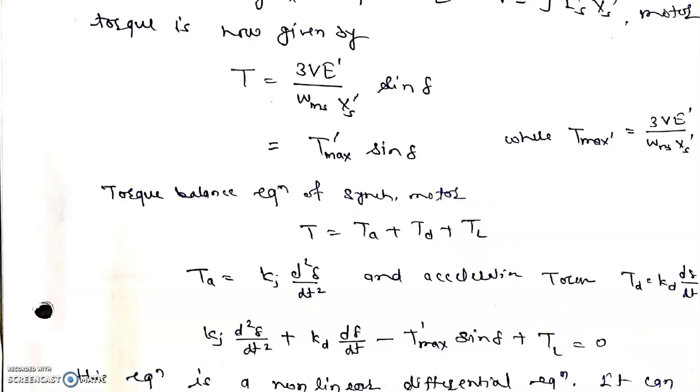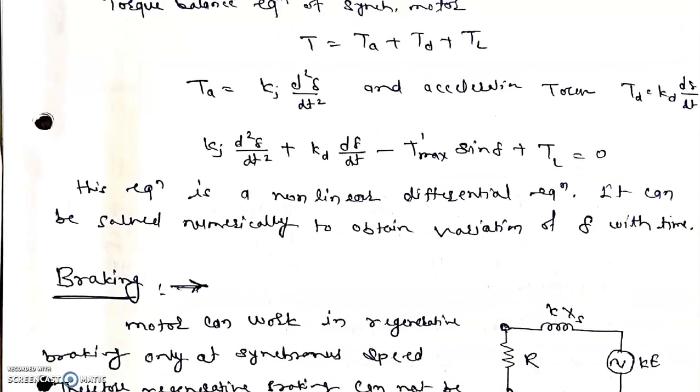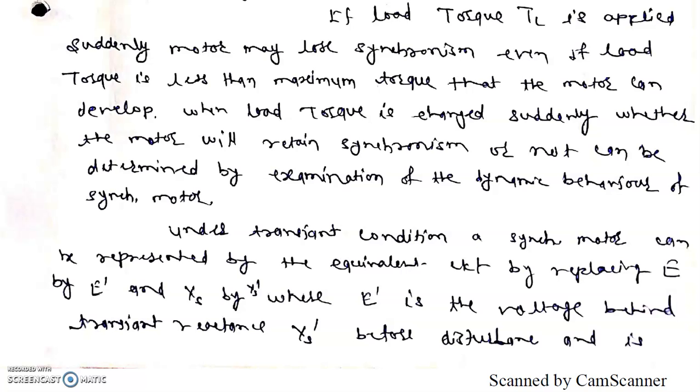By solving this nonlinear differential equation, we can obtain the variation of delta with respect to time, and calculate the desired parameters of study. So this is about the dynamic stability and dynamic behavior of a synchronous motor drive.